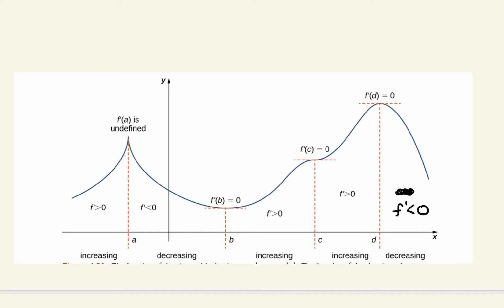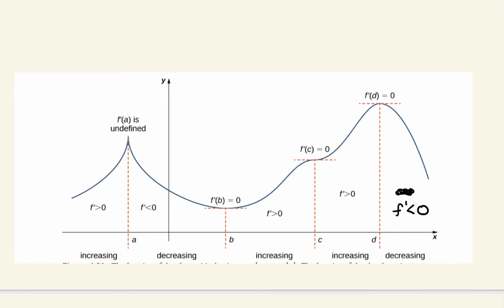If it's increasing, levels out, and then increasing again, it means that this point might be a critical point, but it's not a local max or a local min. And then at the end here, point D, the function's increasing, the derivative is positive, and then the derivative switches to being negative. So it's increasing and then it's decreasing, and that makes this point D a local max, which also looks like it's a global max too.